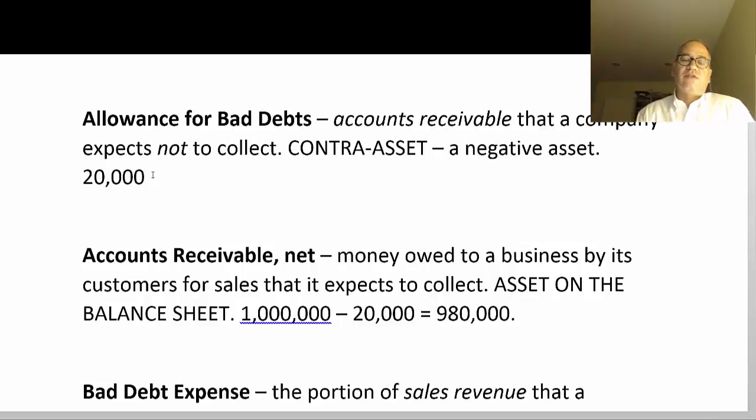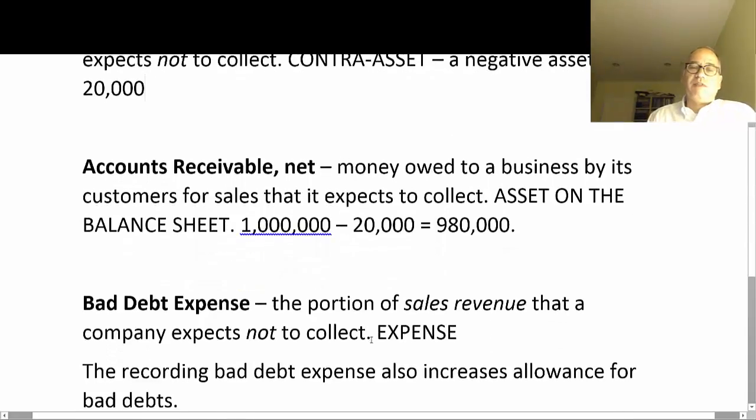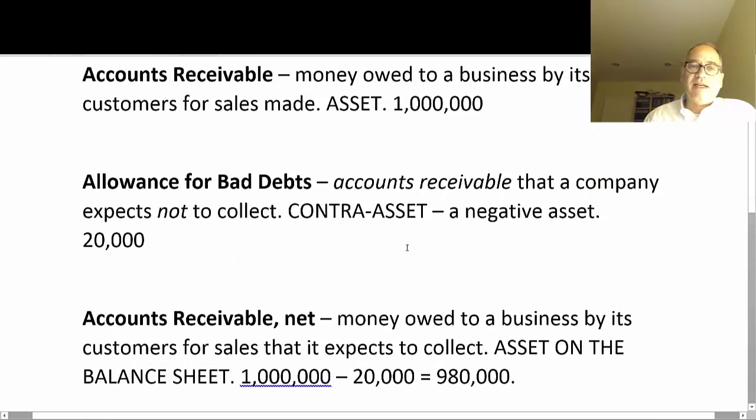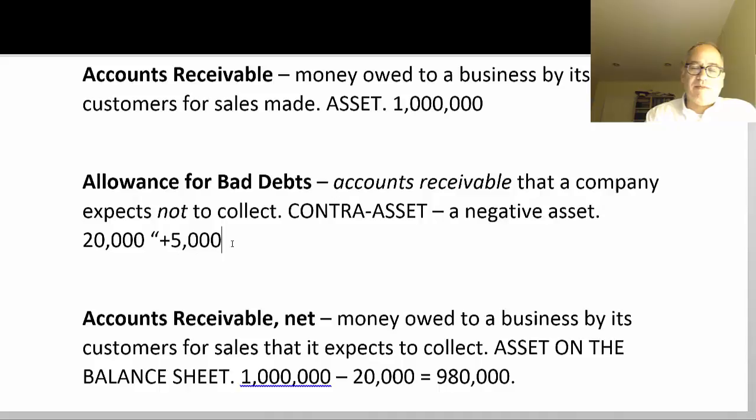So let's say that a company determines that it has bad debt expense in this situation of $5,000. Then the allowance for bad debts would also increase by $5,000.